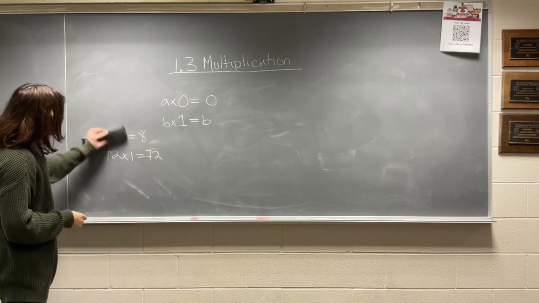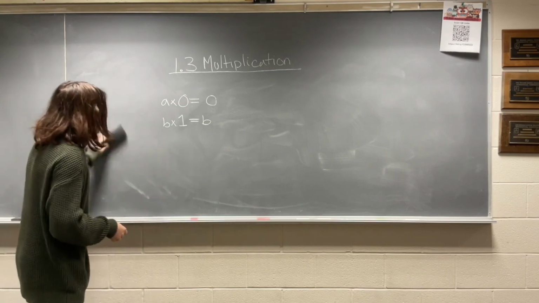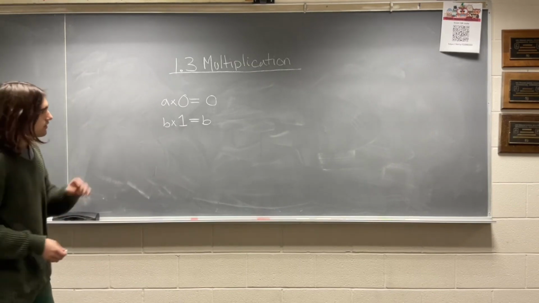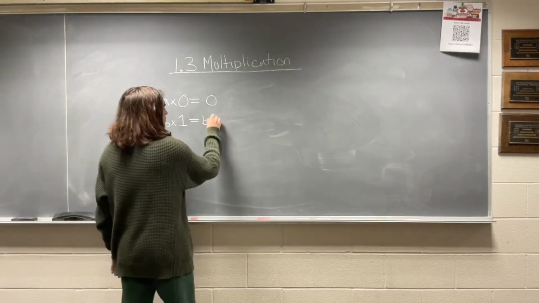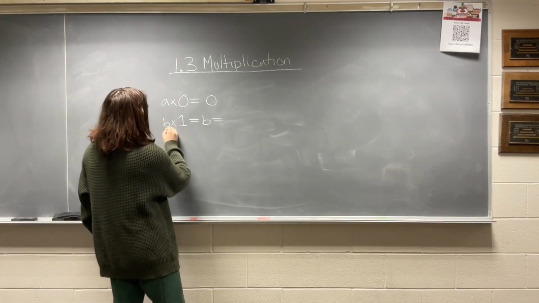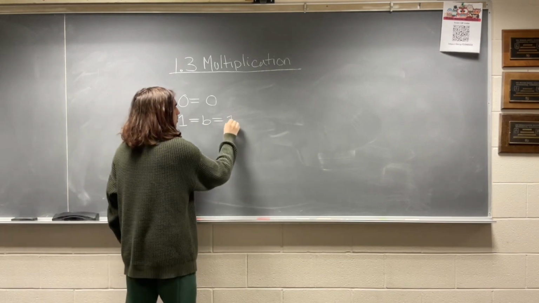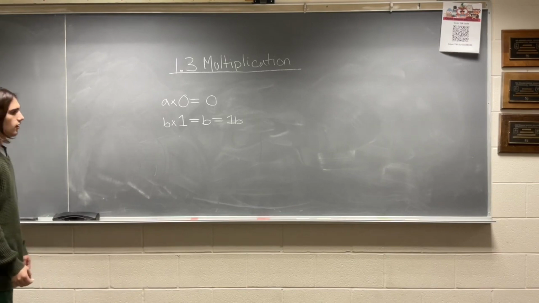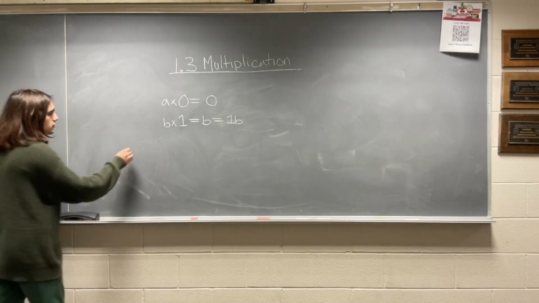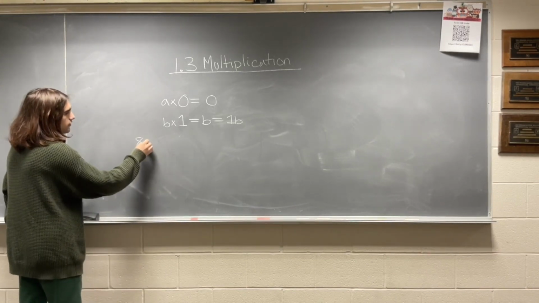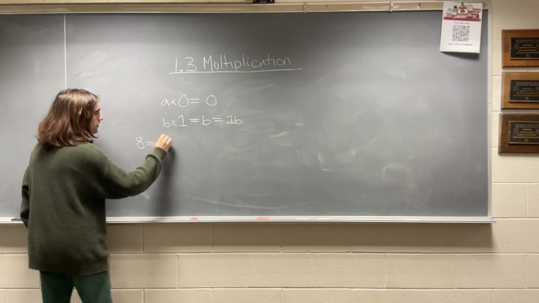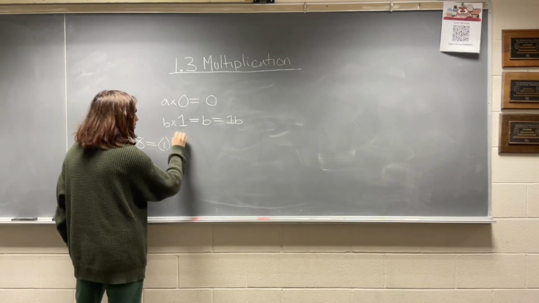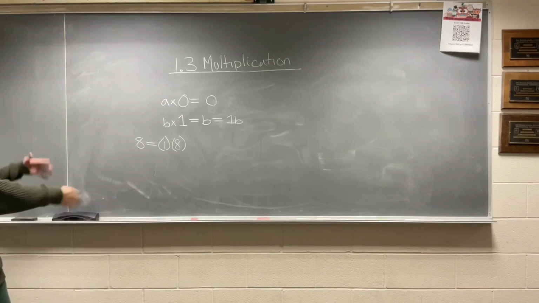So any number times 1 is just going to be that number again. But this also means that we have an interesting property where we can remind ourselves that B is also equal to 1B. And we can remind ourselves about that with a lot of numbers. So 8, remember, is equal to 1 times 8. And so we can expand the notation.